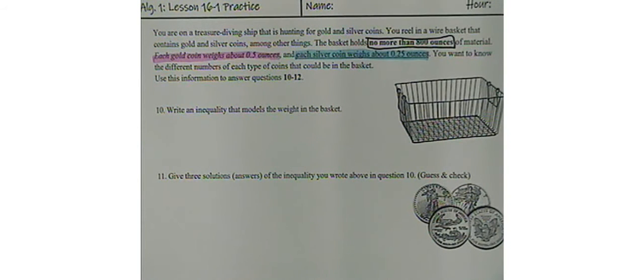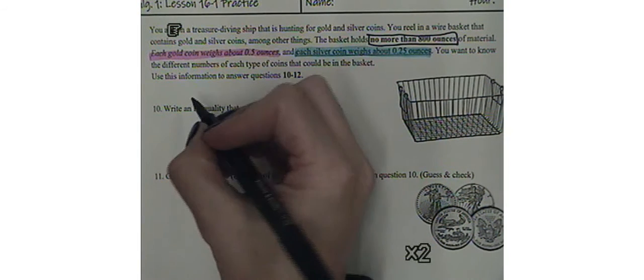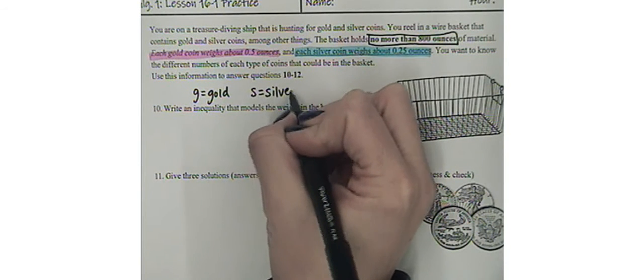So question 10 says, write an inequality that models the weight in the basket. It doesn't tell us which variables to use here, so I am going to use a G for gold coins and an S for silver, so we don't have to guess which one's X and which one's Y.